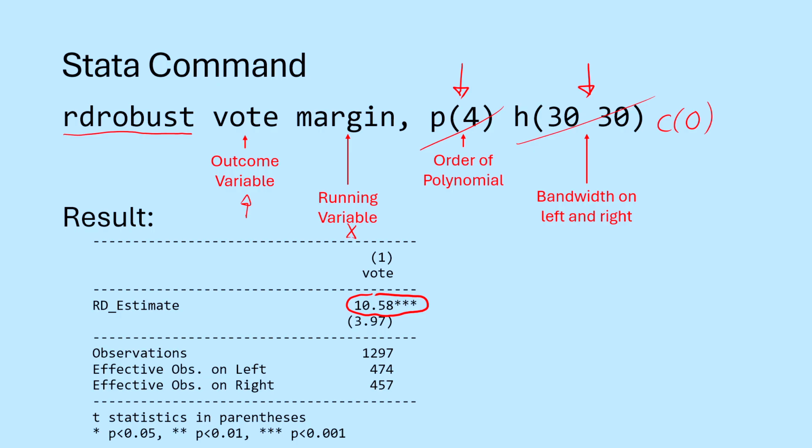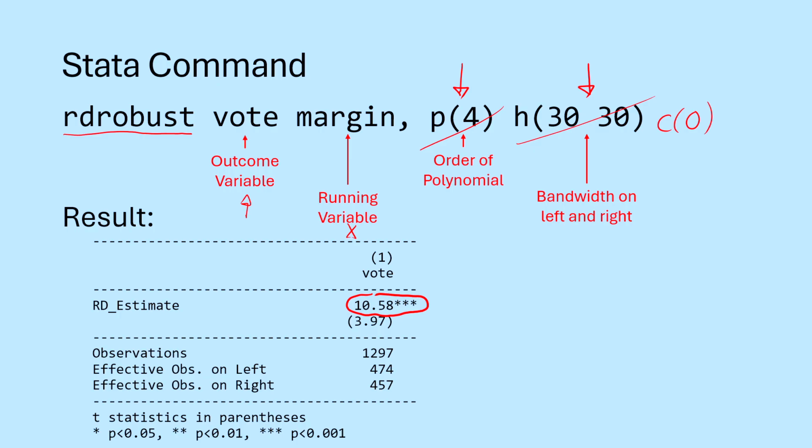It will do some kind of algorithm to set what it thinks the order of the polynomial should be, and it will do some kind of algorithm to say what the bandwidth should be. If you want to see what those algorithms are and the way it's doing it, you can type in help RD Robust and look in the help file, get a little bit more into the weeds there. For the purpose of this introductory video, we won't be going there too much.